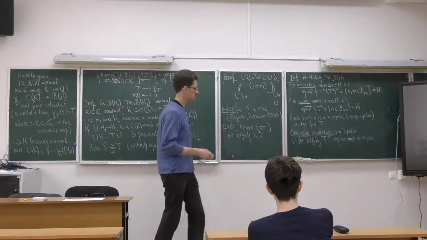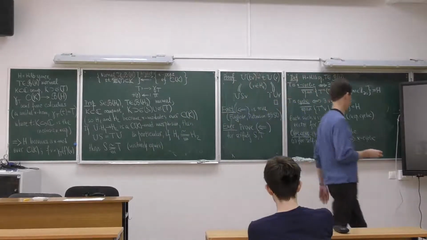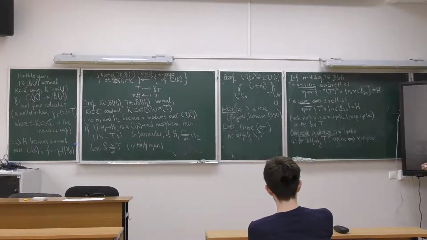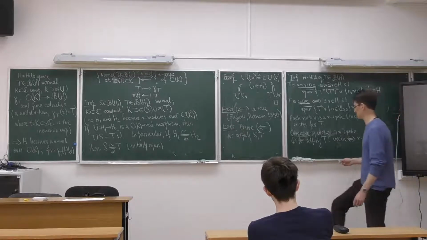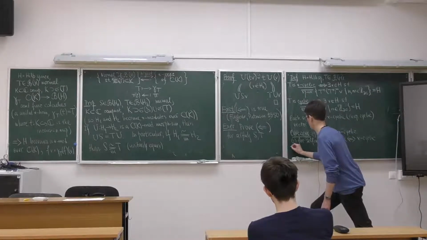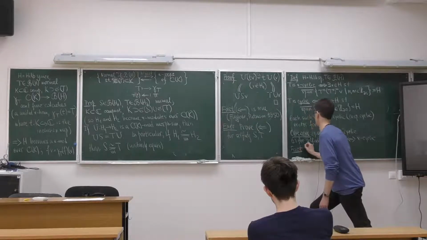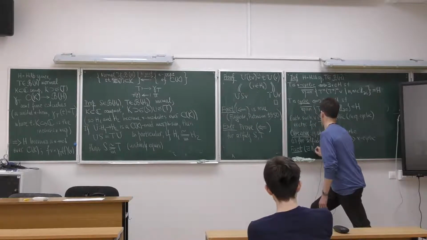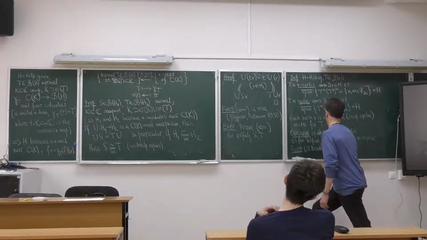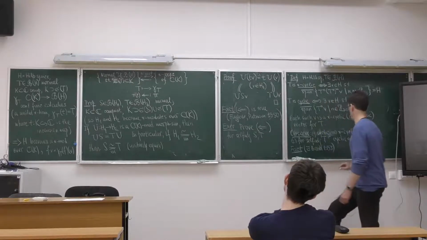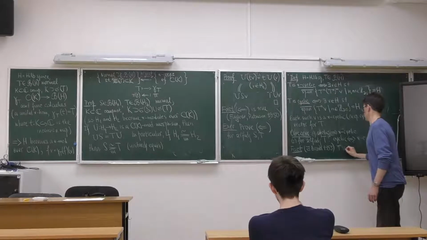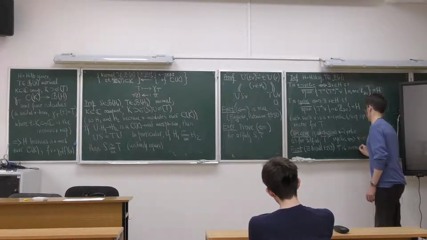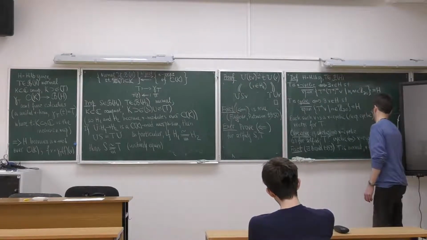In fact, it turns out that these two notions are also equivalent for normal operators. This is not obvious at all, but this is a rather deep theorem due to James Brown, 1955. So we have the following fact: if T is normal and star cyclic, then it is already cyclic.